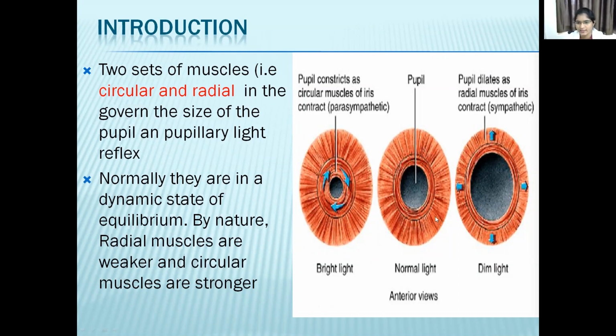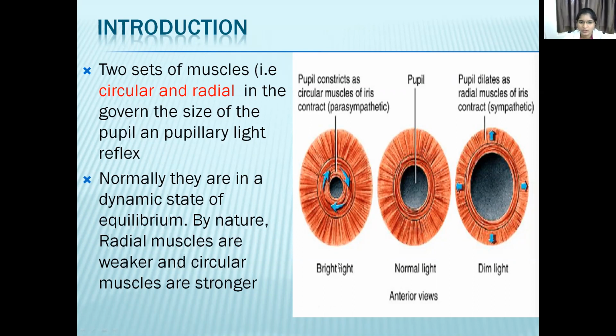This is the anterior view of the eye. These are the radial muscles, and this round one is the circular muscle. Inside, the pupil is there. So this is the normal size of the pupil with normal radial and circular muscles.